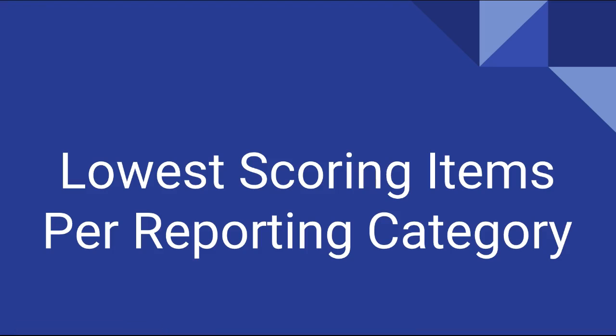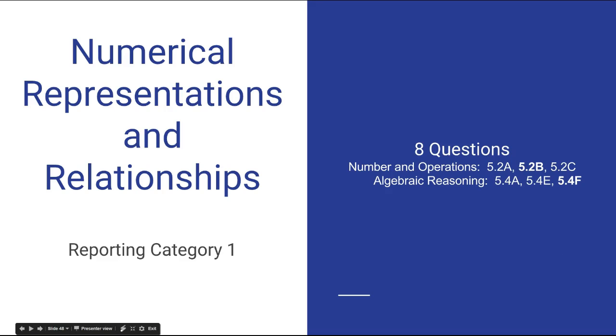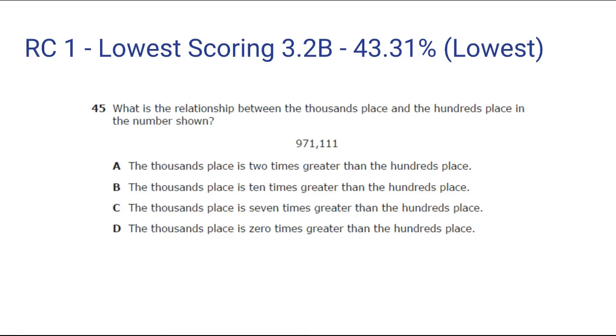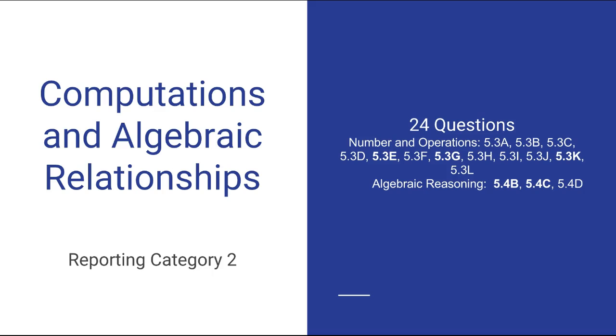Let's look at the lowest scoring items per reporting category. See what you notice about these items. Again, reporting category 1. This was the lowest scoring item on the test. Computations and algebraic relationships, reporting category 2.